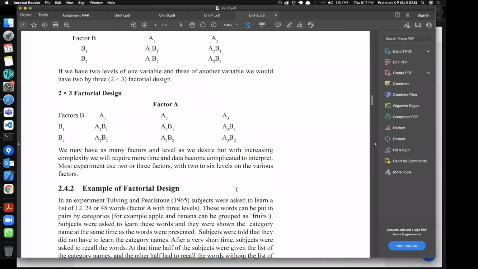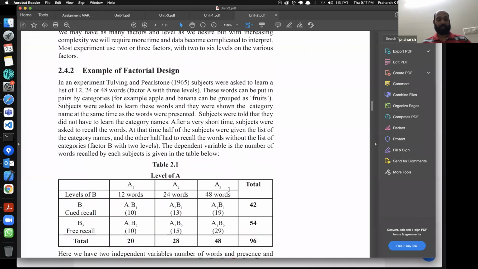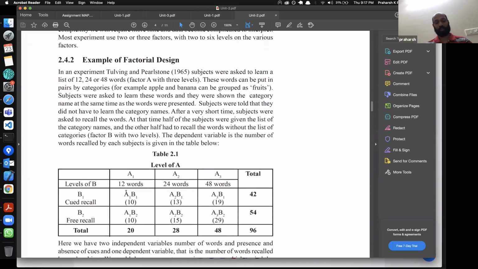Now, an example of a factorial design, which I have already given, but we'll go through the example that you are already familiar with: cued recall and free recall. If you remember from the last class, we spoke about the single factor design, in which this was a good example, cued and free recall. Now we are adding one more factor to it.